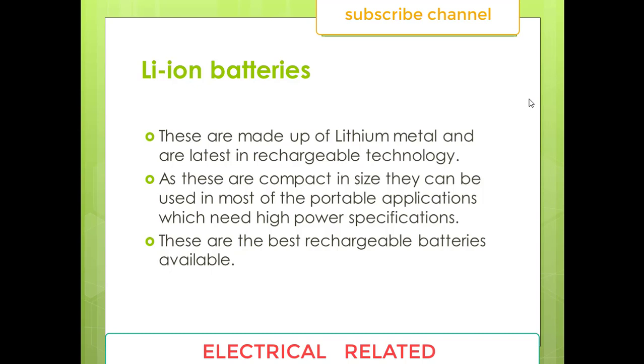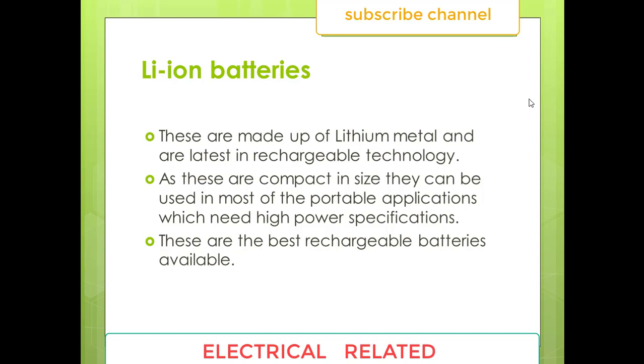Basically, the lithium ion battery is made up of lithium metal, and it is the best rechargeable battery of the present time. We can charge these batteries very easily.